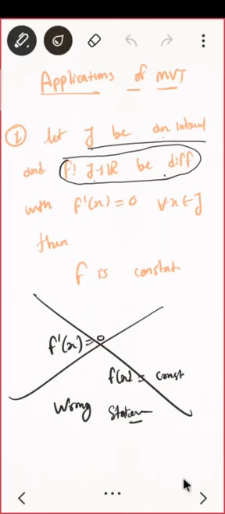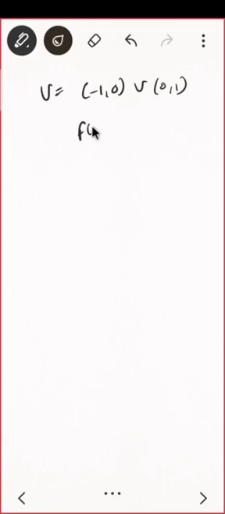Let me tell you one more example if you want. Look at this function. Suppose you have an interval, say -1 to 0, union 0 to 1. Again, say f of x equals -1 when x is in the interval -1 to 0, and f of x equals 1 when x is in the interval 0 to 1.